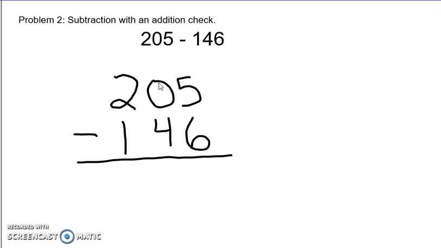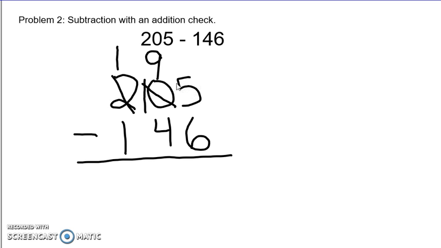This is a 0, so I cannot borrow a 10. So now I need to move to my hundreds. So I cross out the 2. It becomes a 1 because I'm taking one of the hundreds, and I'm going to give it to my tens place. So place a 1 in front of the 0 to make 10 tens now. Now I'm going to borrow one of the tens, so the 10 becomes a 9.